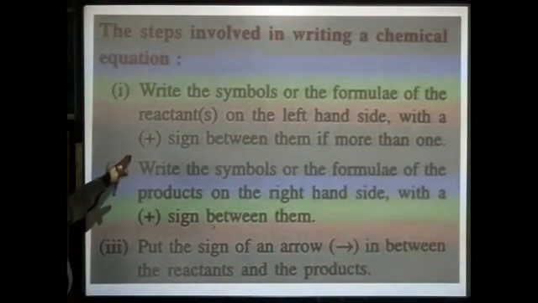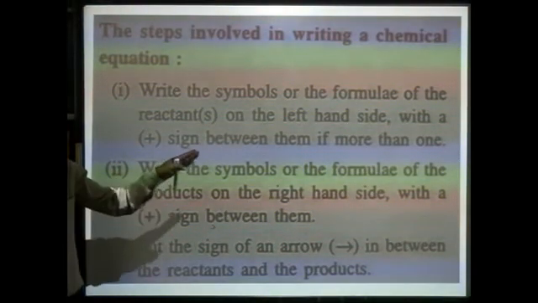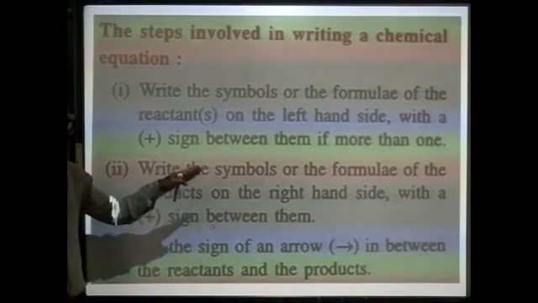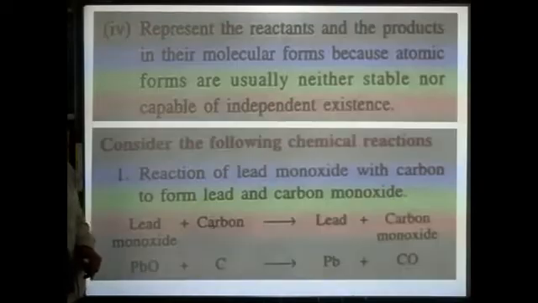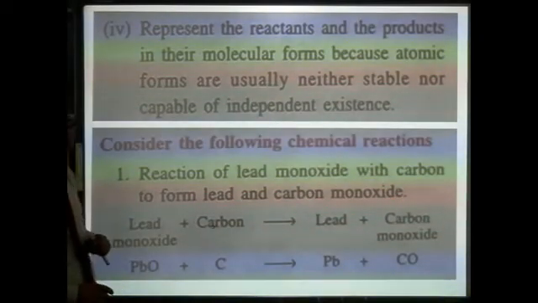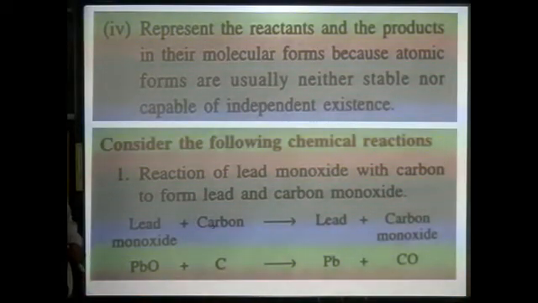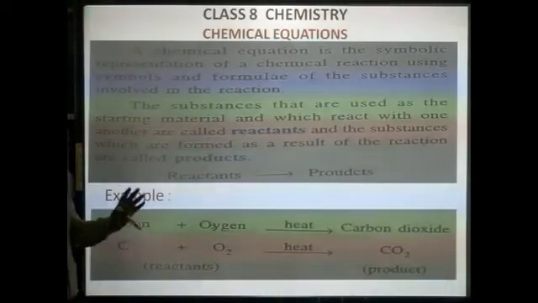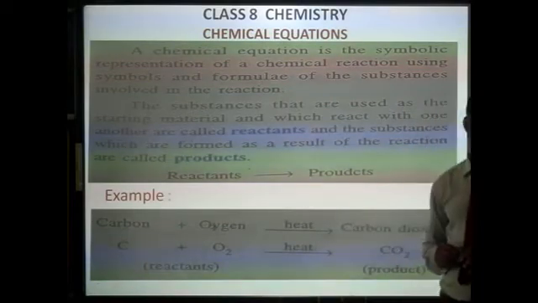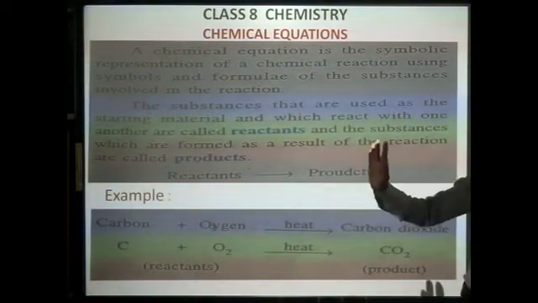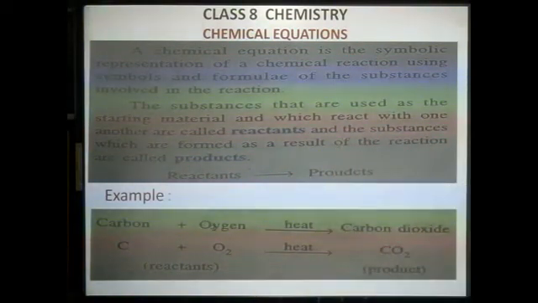Then number 2, write the symbols or the formulae of the products on the right hand side with a positive sign between them. Same thing we'll do for the product also, but this time we write the product on the right hand side.